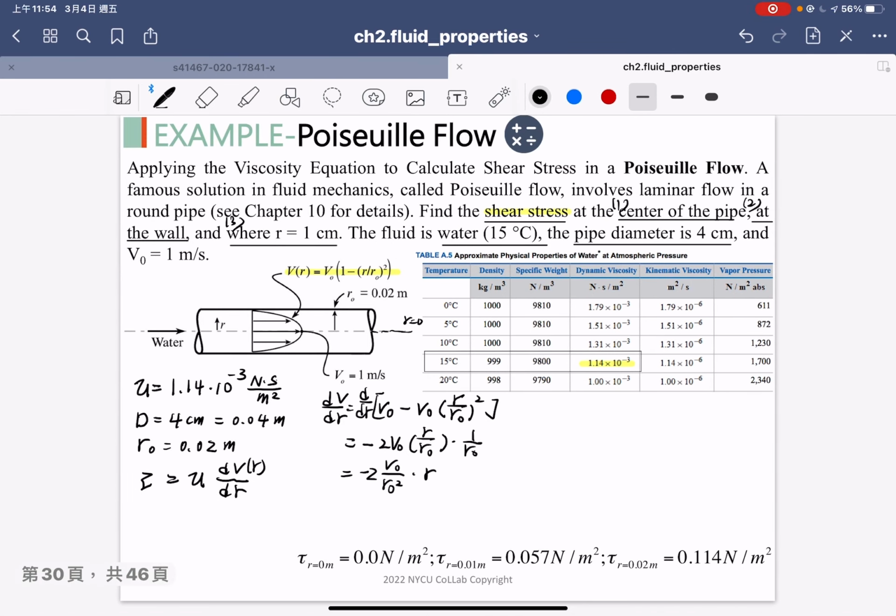Okay, so we still need V0. What is V0? It's the velocity of the flow, showing here. So V0 is 1 meter per second.